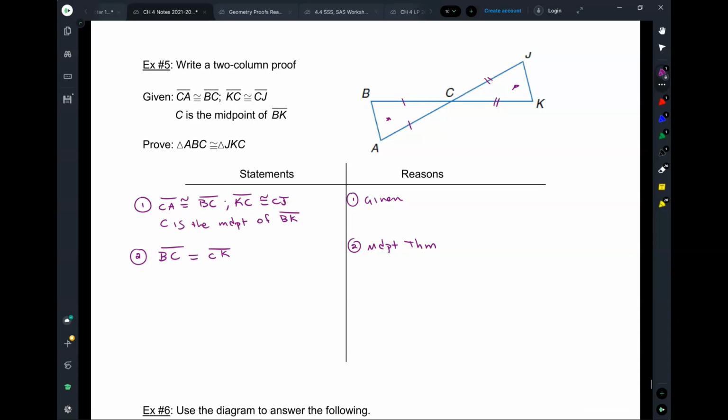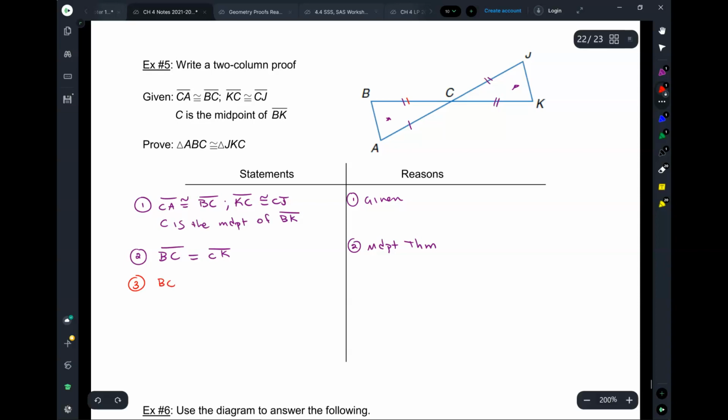Okay? Now, BC, and so these are now congruent, right? Now, can I now say that BC and CJ are congruent? They are, because it's transitive, right? Look at what we can say.